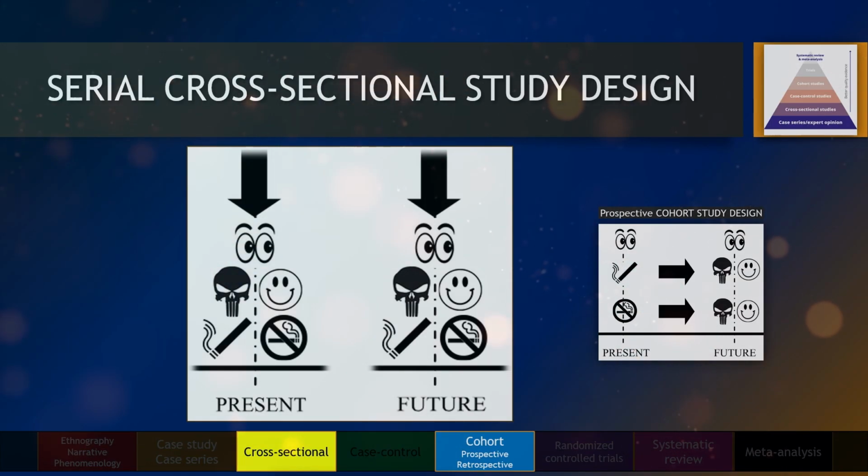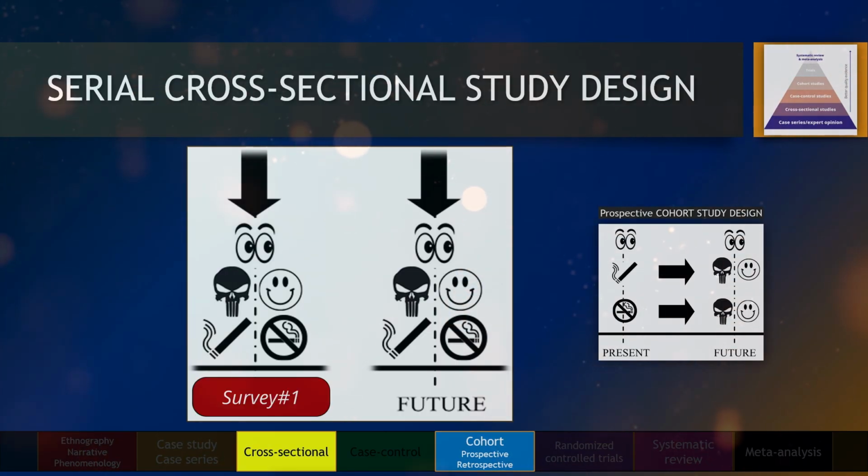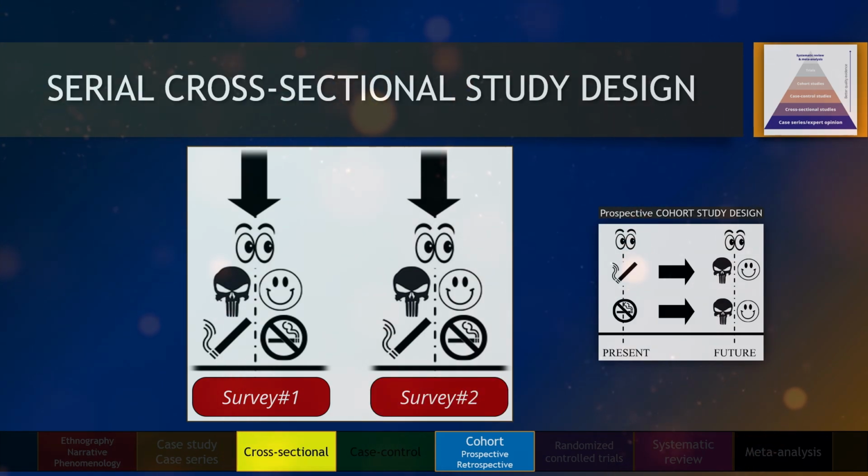It's like taking multiple snapshots at different times to see how things change. For example, we may want to investigate trends in the prevalence of diabetes for a specific study population. We can conduct multiple cross-sectional studies and collect data through surveys to get the prevalence of diabetes every 5 years, and then compare the data across different time points to identify the trends and possible changes.